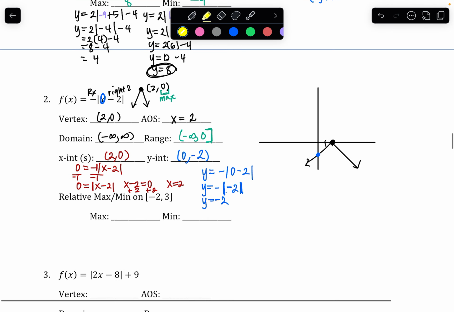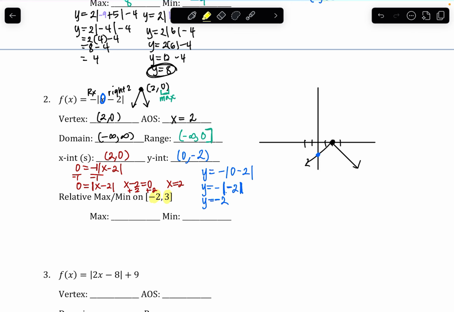Okay, and so the interval we're looking at is -2 to 3. So -2 on the x-axis to 3. Once again, I see the vertex is on the interval.